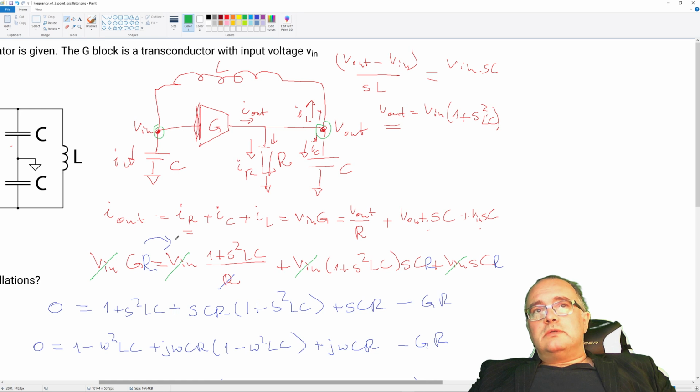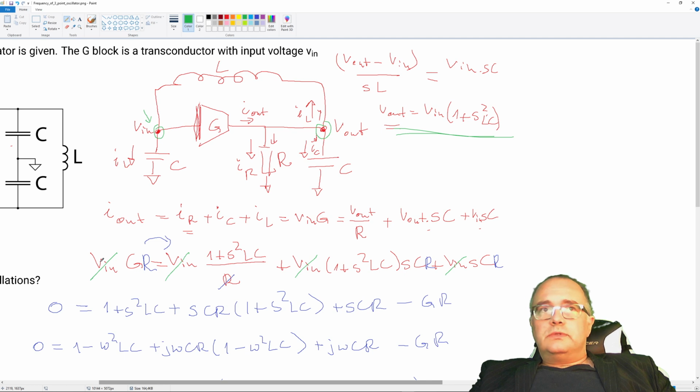This allowed us to write an expression that depends only on V in. This is how we eliminated V out from the Kirchhoff current law at this node.